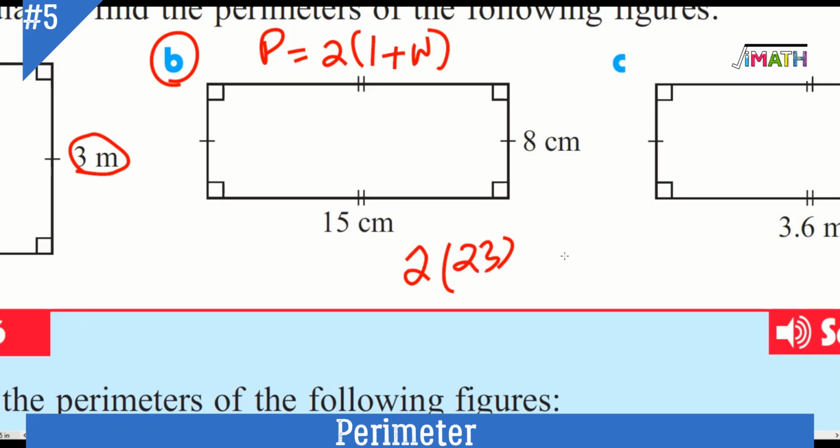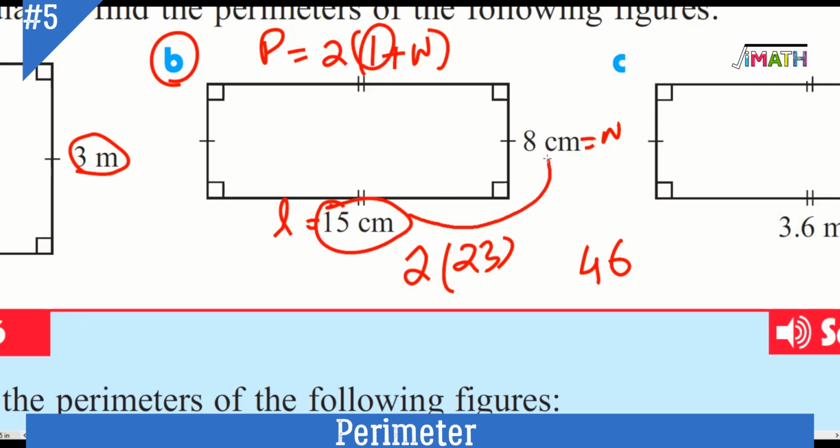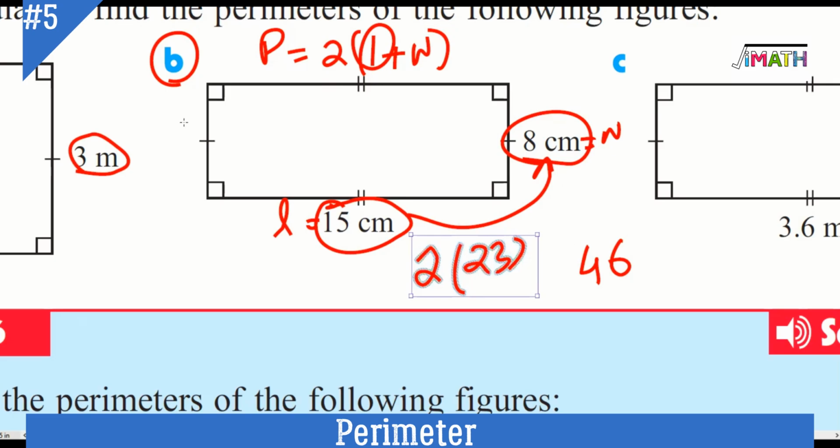It's going to be 46, I guess. You see, the longer side is the length, the shorter side is the width. So you add the length, like this, with the width, that is 8. That's going to give us 23, right? Yeah. And then you double it because there is another width, another length. So that's going to be 46.